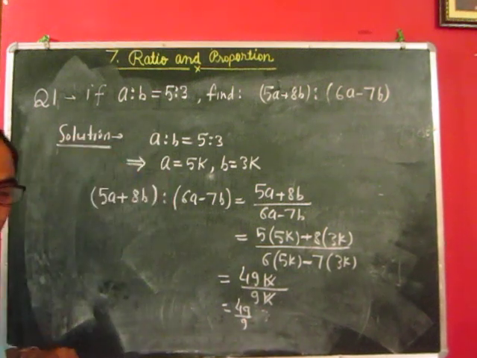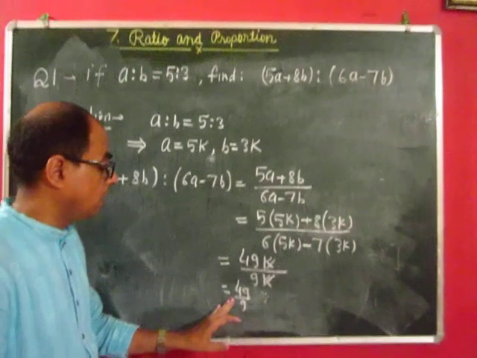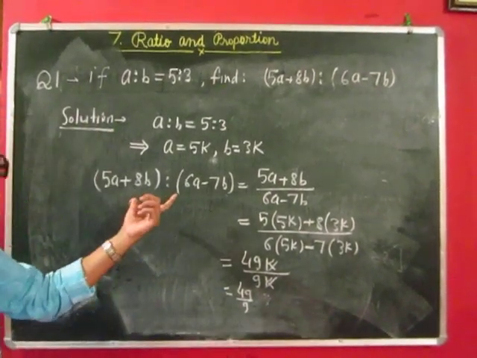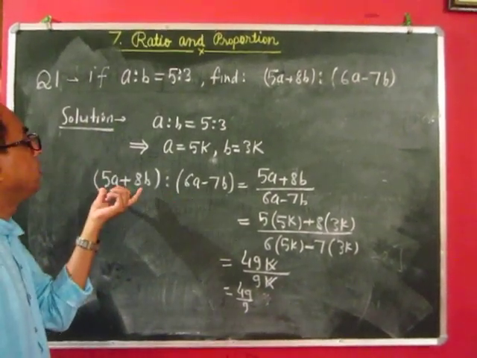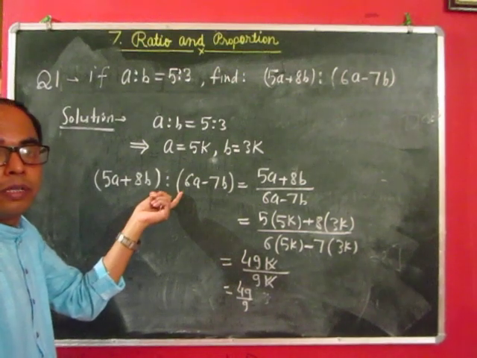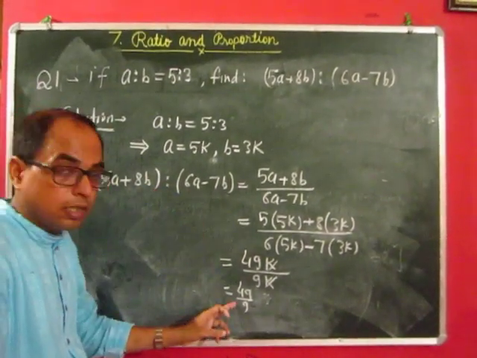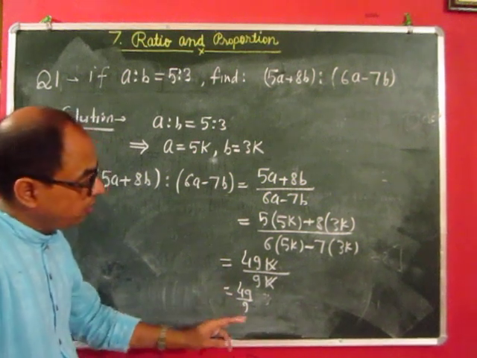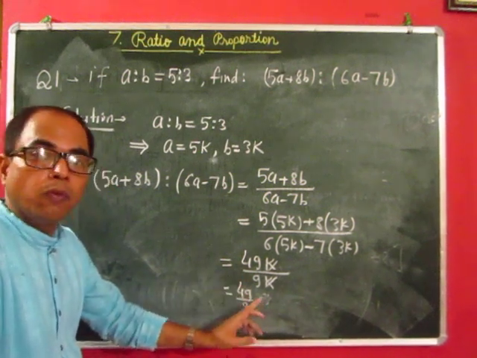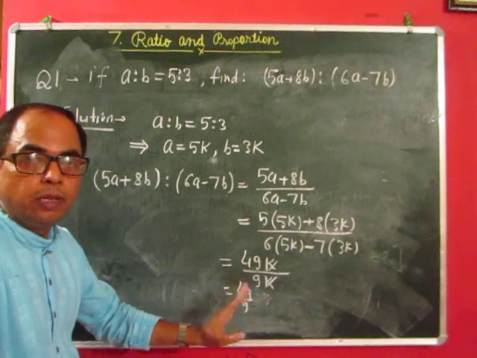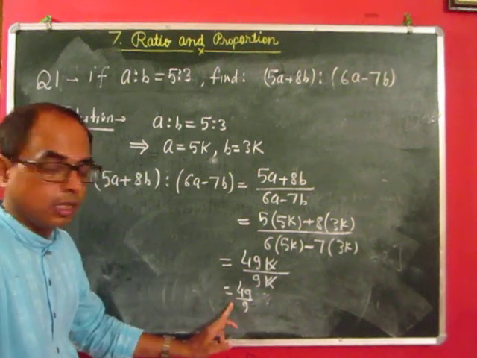Now we cannot leave the answer up to here, because here it is asked to find the ratio of this is to this. So what I have said, whatever format is given in the question, you have to write the answer in the same format. If you leave the answer up to here, no mark will be given. Please be careful at this stage.